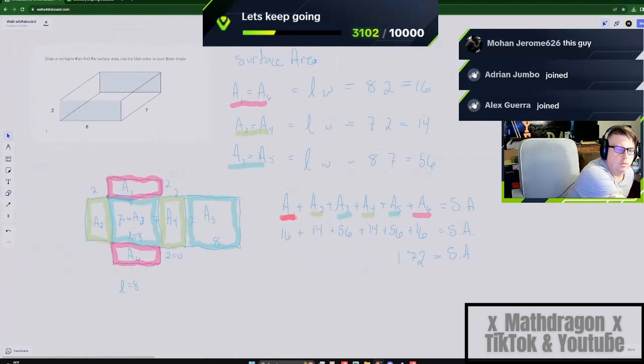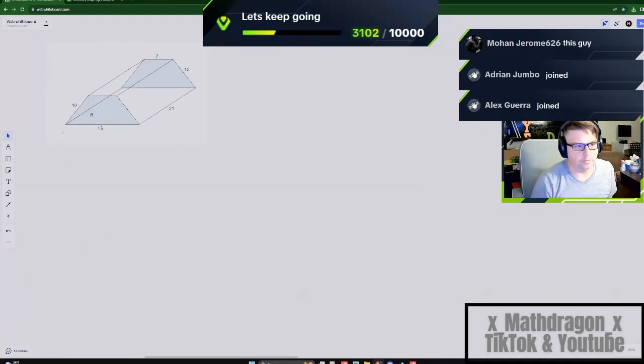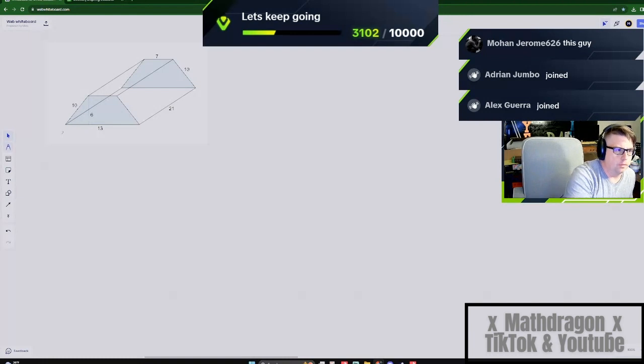Moving on to our second one. We have a trapezoid. Okay. So for this one, when we draw our net figure, once again, we're going to have a rectangle as kind of our base shape.